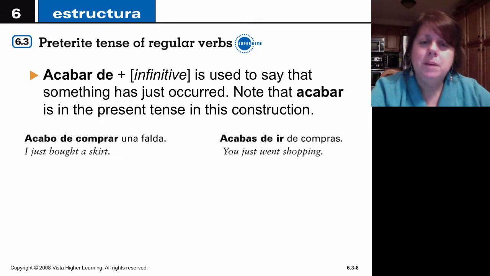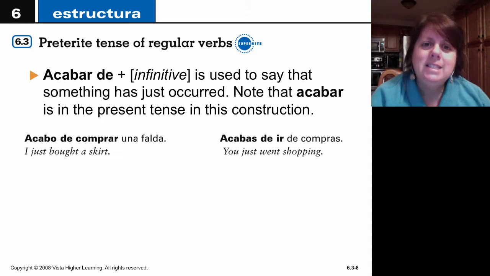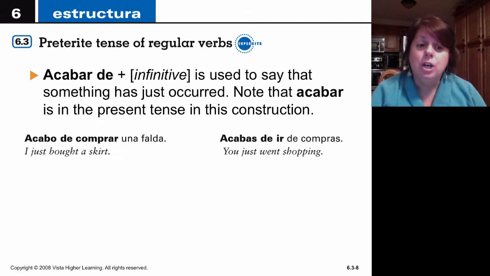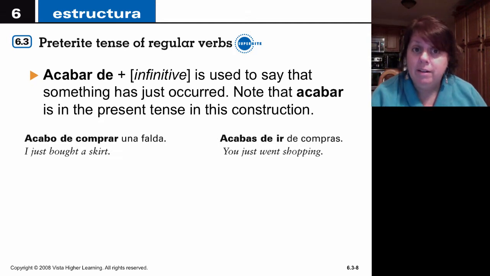Now here's a special phrase. Acabar de means just, and it's used in the present tense. So even though I'm teaching you the past tense, this particular phrase is an idiomatic expression in Spanish, and you should write this in your notes because sometimes you will have to use it. If you want to say that you just did something, I just bought a skirt, you say acabo de comprar. So you use the present tense form of acabar. In this case, you just bought the skirt, right?